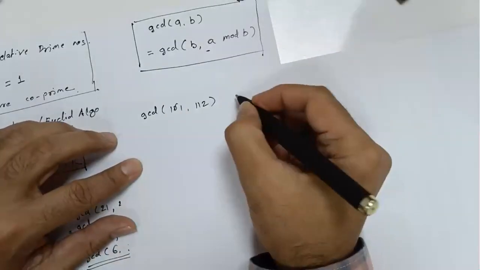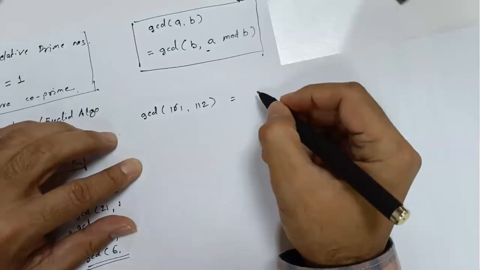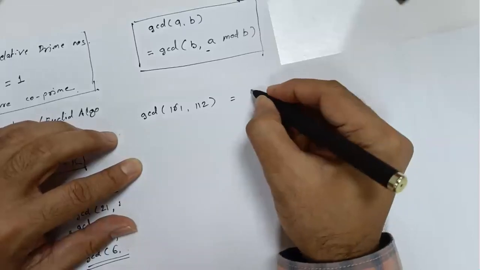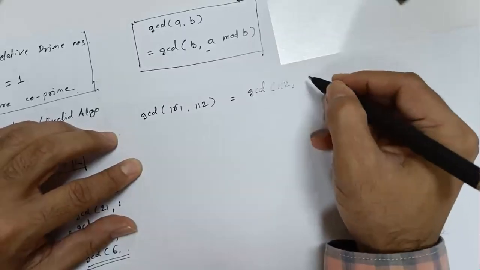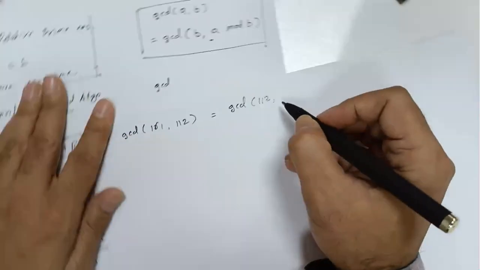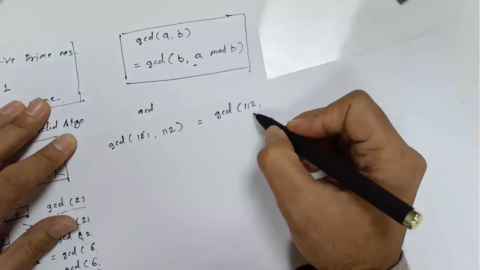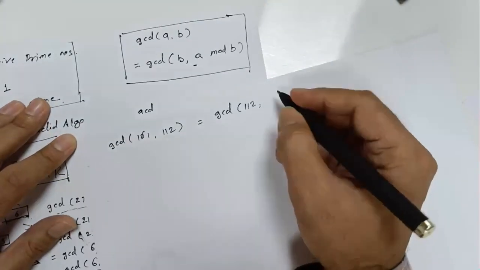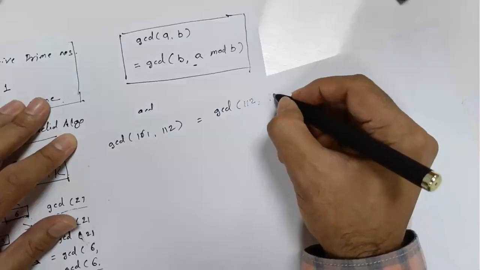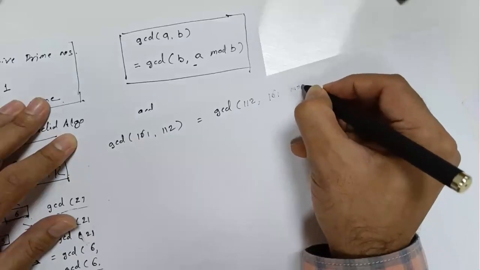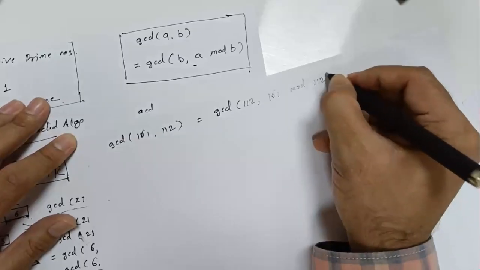I can give the first step as GCD of 112. So B I'm taking as the first argument, and the second one is 161 mod 112.